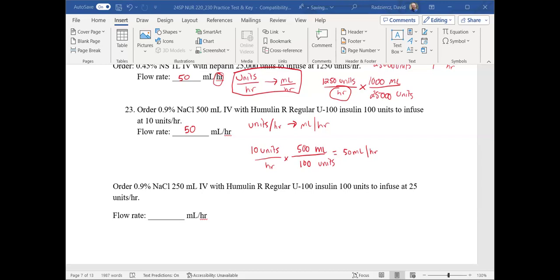Yeah, Lauren, double check your calculator because your number's too small. You have the right numbers that are there, but your number's too small. There you go. Perfect. So 62.5. Perfect.